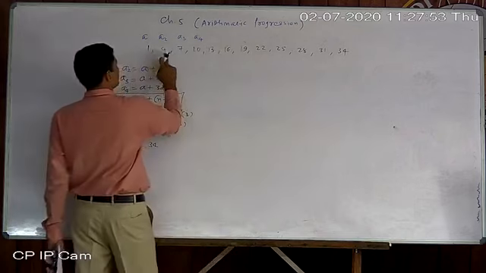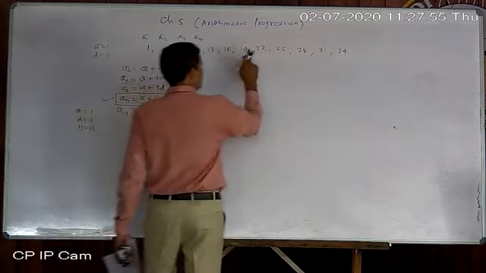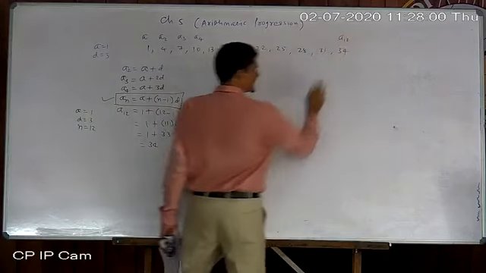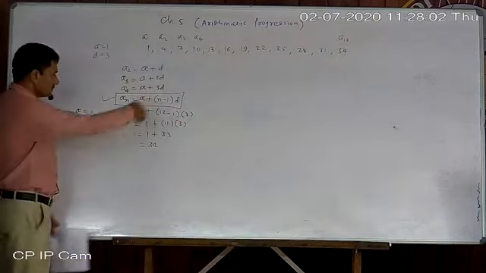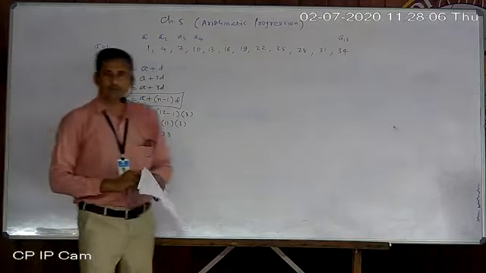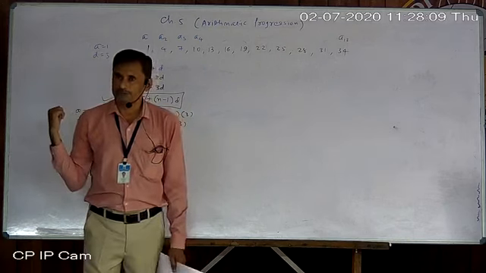Now look at first, second, third, fourth, fifth, sixth, 7, 8, 9, 10, 11, and 12. So this is the 12th term. So verification is also done. Okay. So this is the main formula regarding arithmetic progression.